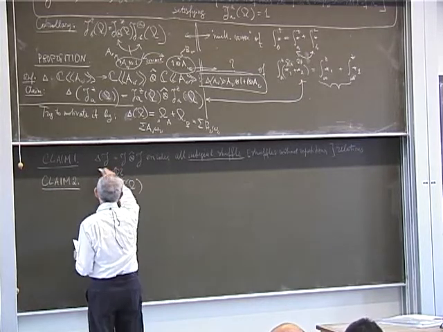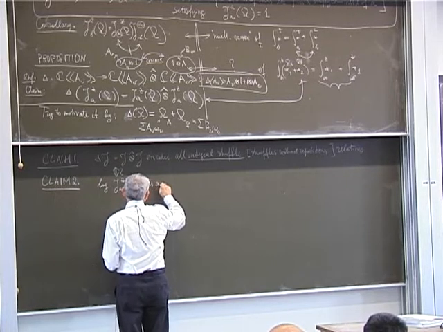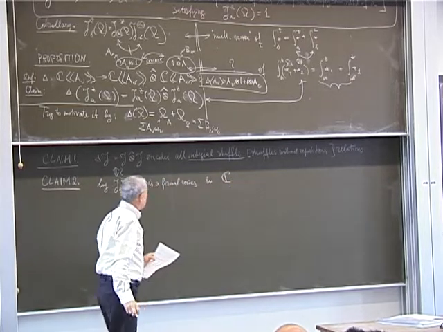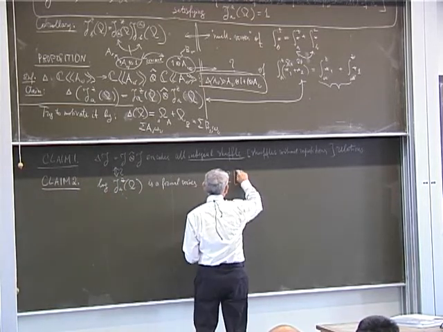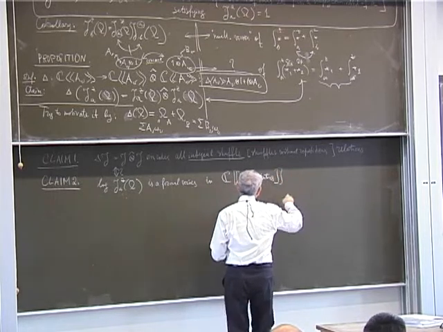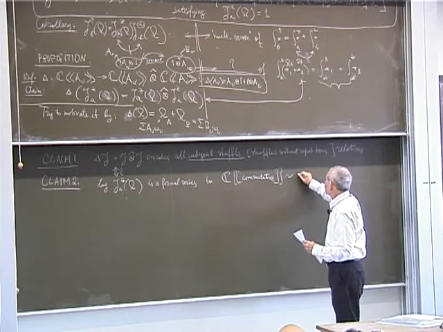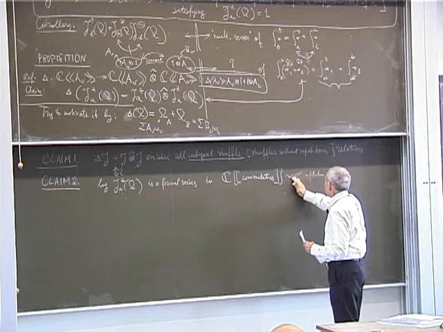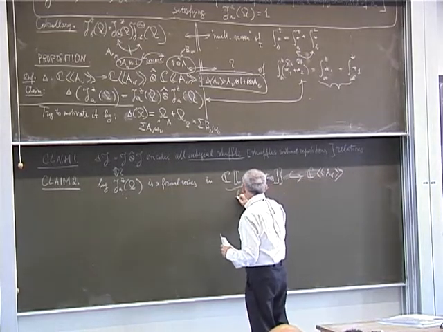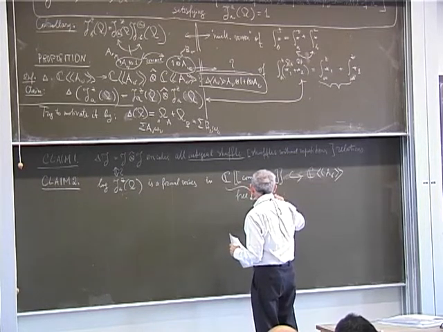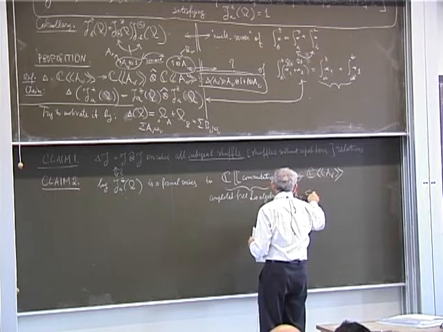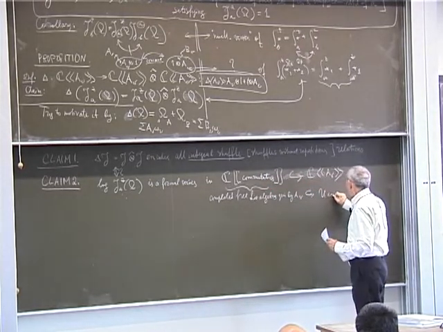And then this statement is equivalent to the fact that this logarithm is a formal series belonging to the formal series generated by commutators instead of multiplication, meaning that it is a completion, which is embedded into this formal series, as a completed free Lie algebra generated by AV is embedded into its universal enveloping algebra.